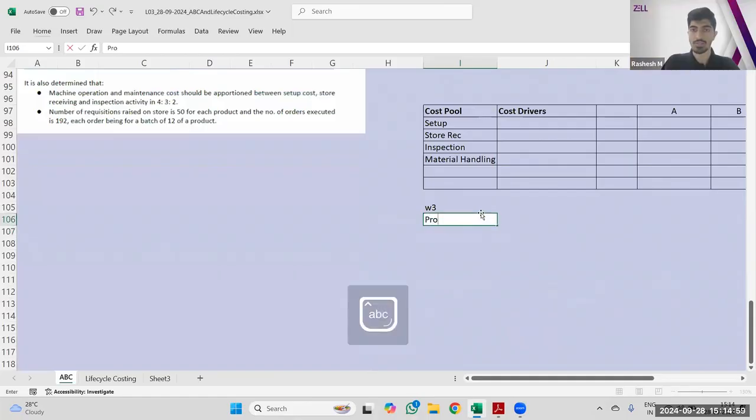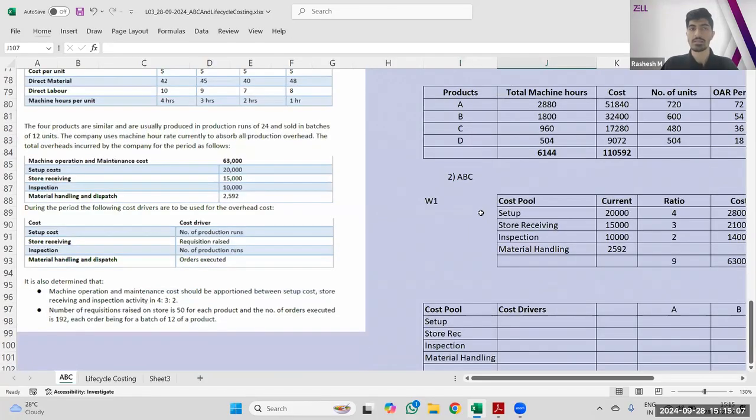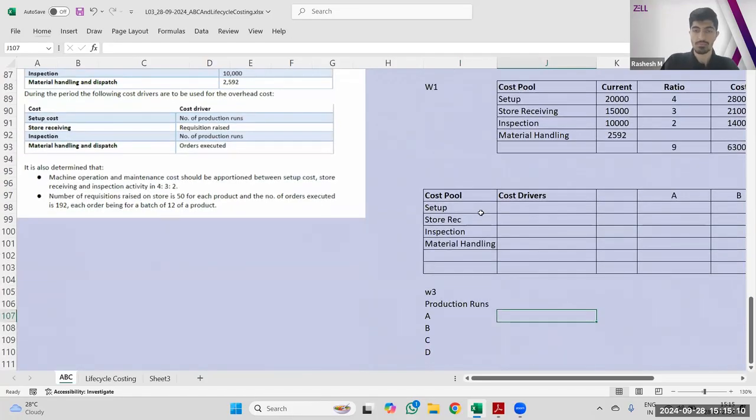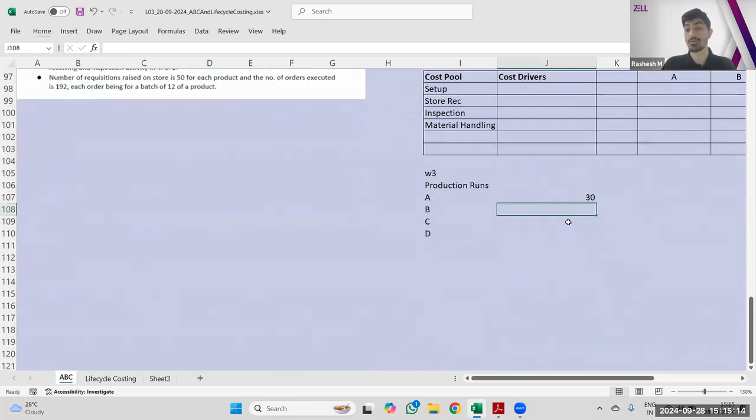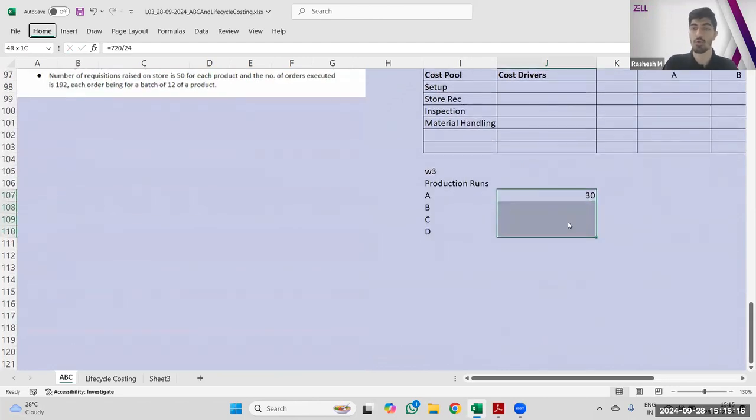So let me show it as a working. Production runs, for all 4 products. Say product A, 720 units, divide by 24. If I want to make 720 units in groups of 24, I will have to make it with 30 production batches. You can call this batches.